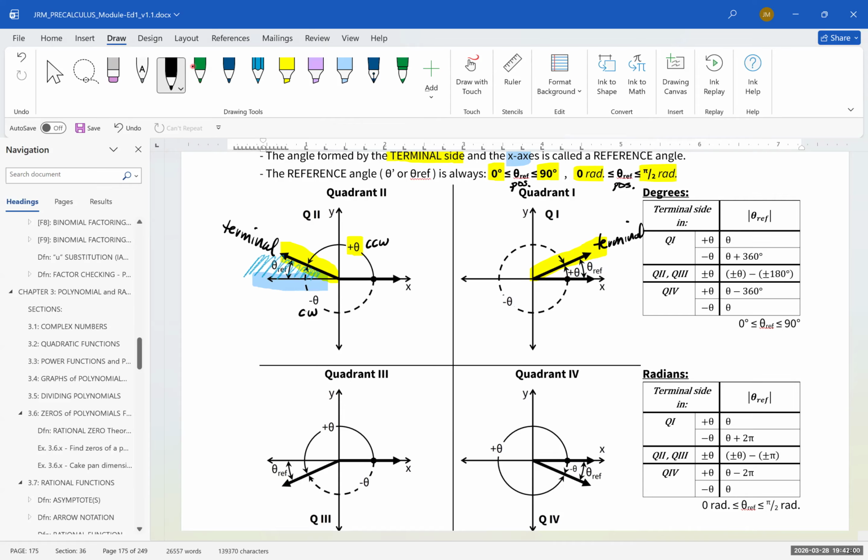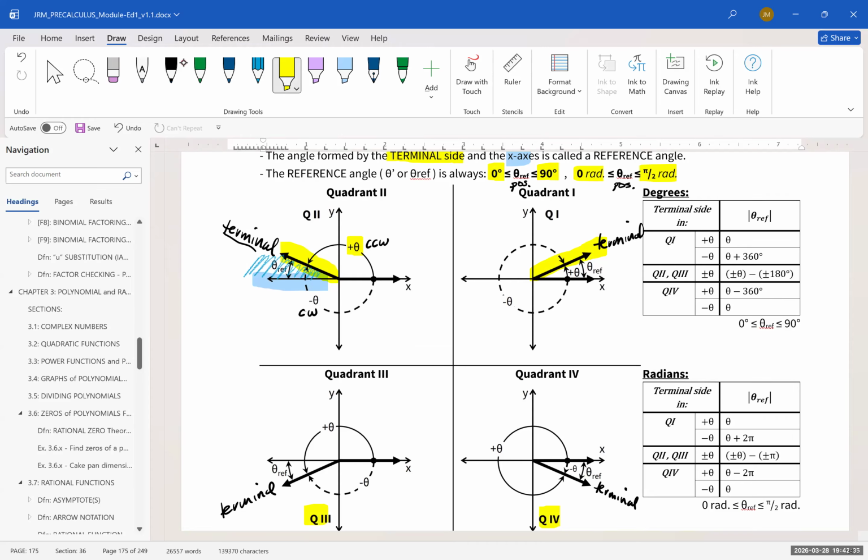If it ends up in the second quadrant, you'll use a formula for that. If the terminal side is in the third quadrant, you'll use a formula for that. And if the terminal side ends up in the fourth quadrant, you'll use a different formula. So what formula do you use and when? That's what I've put in these tables on the right-hand side.